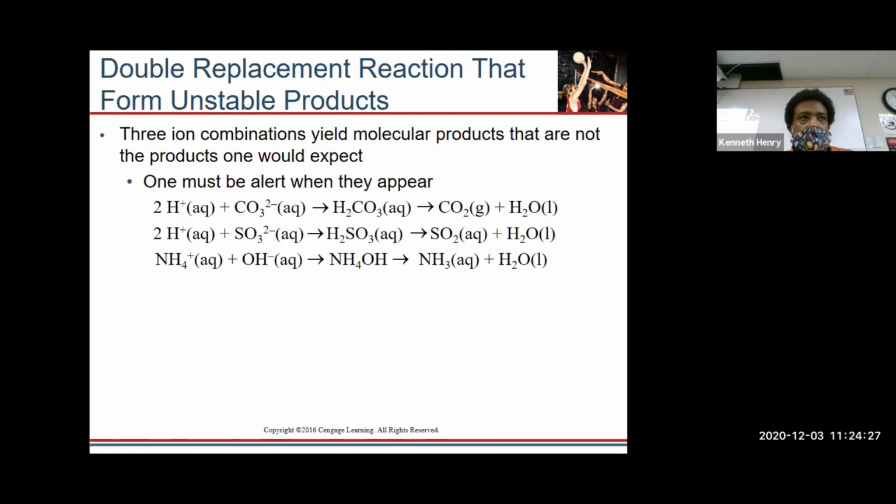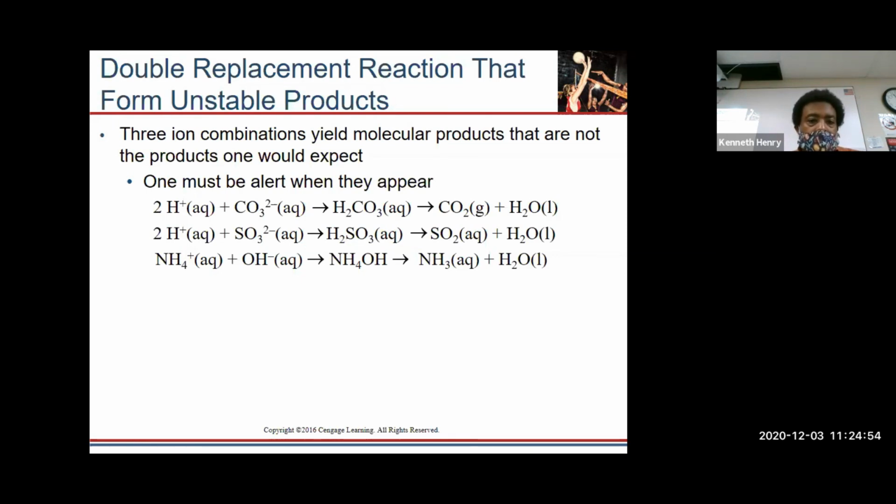Okay, what's important also is that when you bring certain things together, like hydrogen and carbonate, it's going to form carbonic acid. Carbonic acid is unstable, so it's going to break down almost instantaneously into carbon dioxide and water. The same thing happens when you have the hydrogen ion or hydronium ion and sulfite.